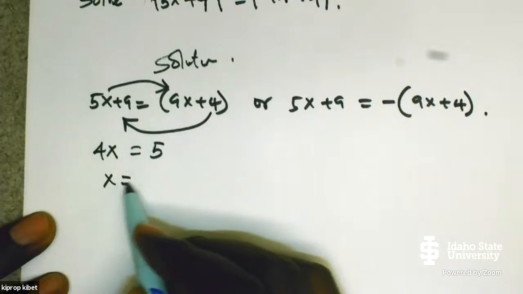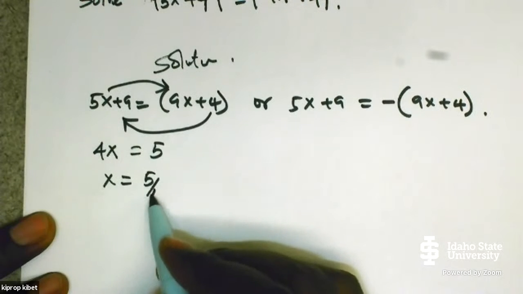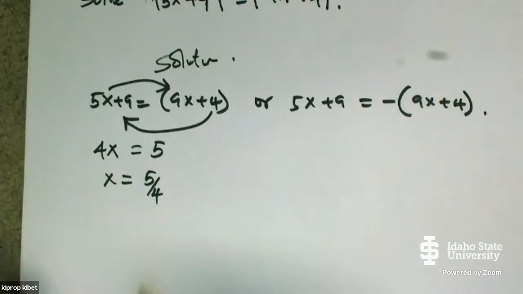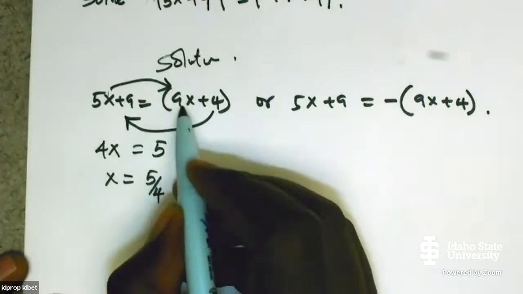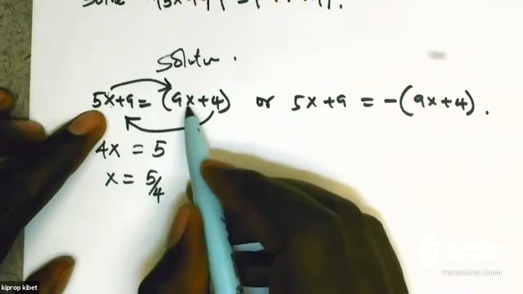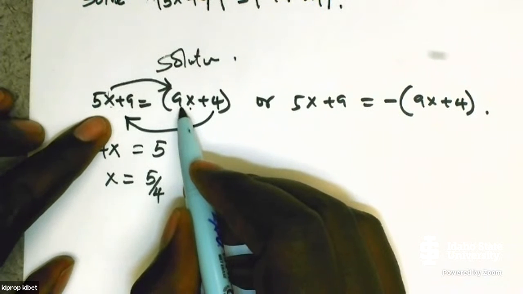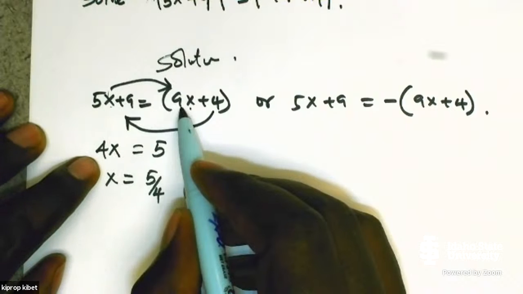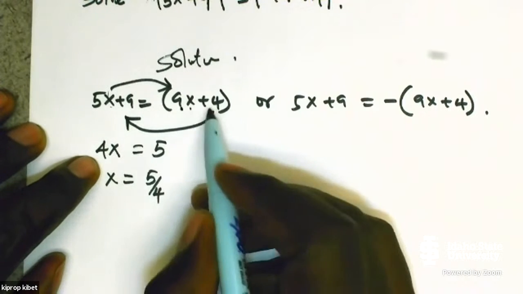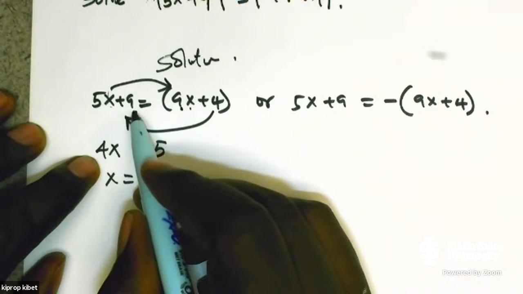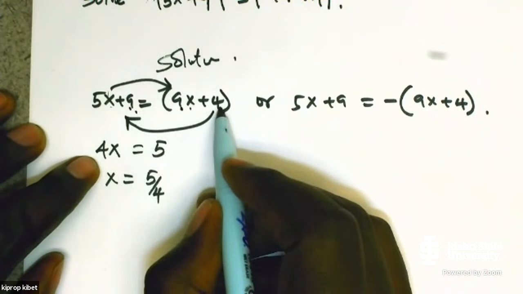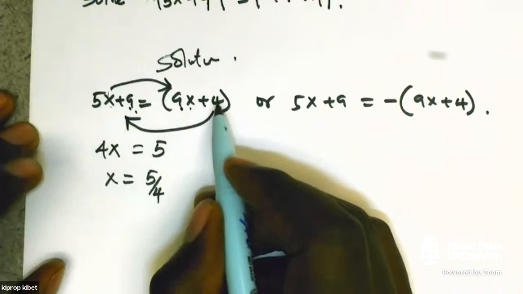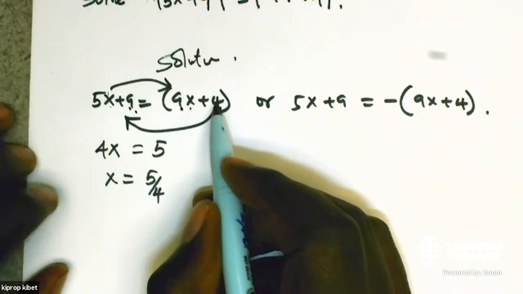So x equals 5 over 4. Are we together? So you can take 5x to the other side. Then it will be 9x minus 5x, which is what? 4x, right? So you can bring 4 here. So it will be 9 minus 4, which is 5. Are we okay there?